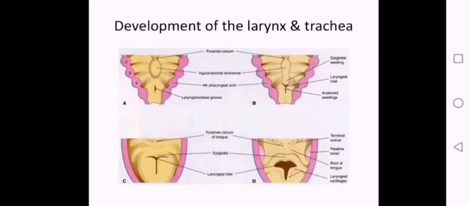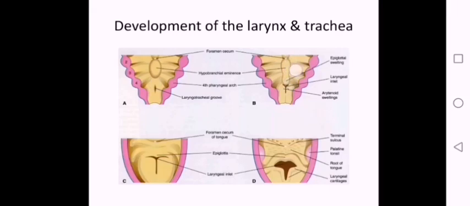Moving to the development of the laryngeal cartilage. As we may know, this is the copula or the hypobranchial eminence. This is an outgrowth on the floor of the pharynx at the area of the 3rd and 4th arches. The hypobranchial eminence divides into a cranial part and a caudal part.